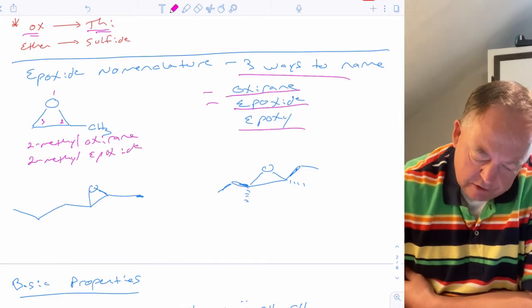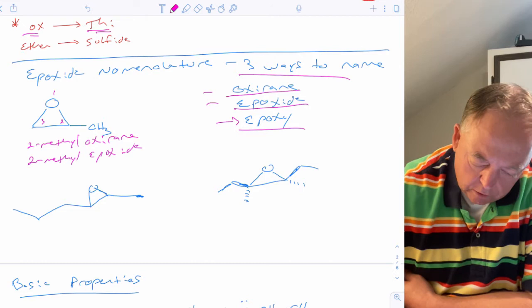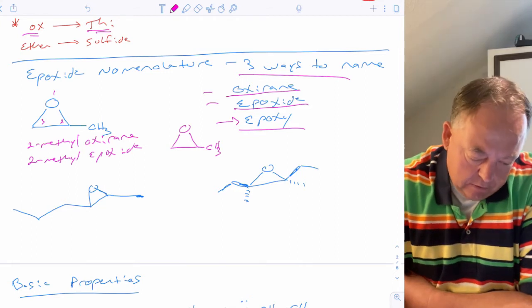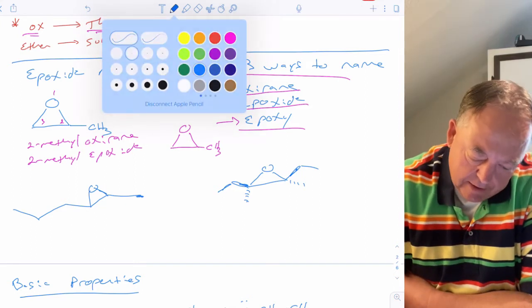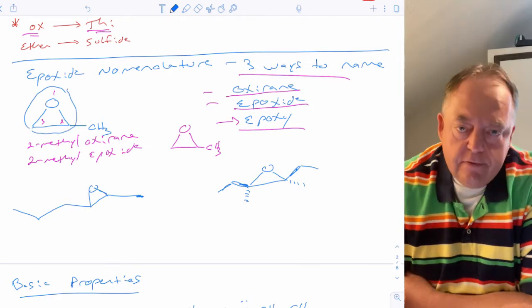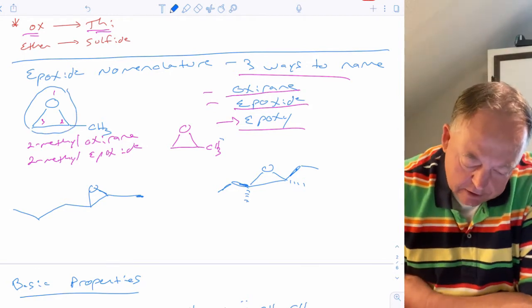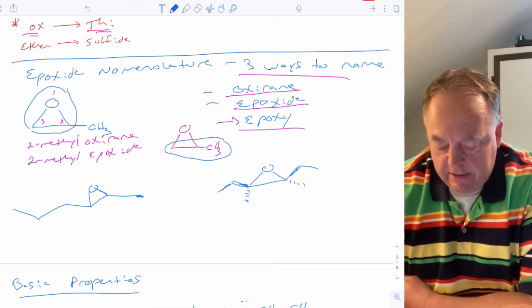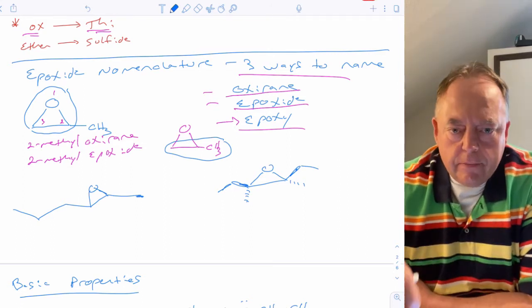And if you wanted to use the epoxy method, that's a totally different way to name. If you're naming it as an oxirane or epoxide, then that is the parent, right? If you're using the epoxy way to name things, then the carbon chain is the parent, and the epoxy is the substituent on the parent.